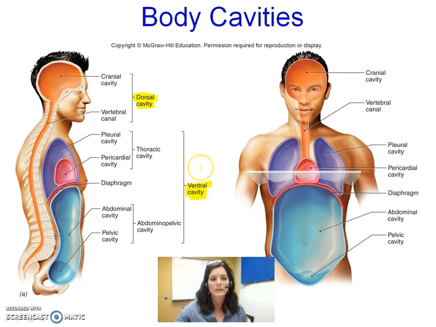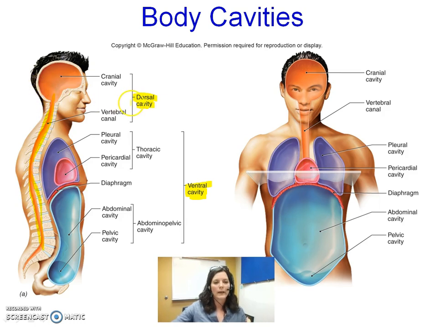Now remember, I said that typically we use the words anterior and posterior to describe a human body that stands upright. However, this is one of the examples where we have really used the term dorsal to refer to this area along the back. Remember, that was the idea of the dorsal fin that we talked about with, say, a dolphin.